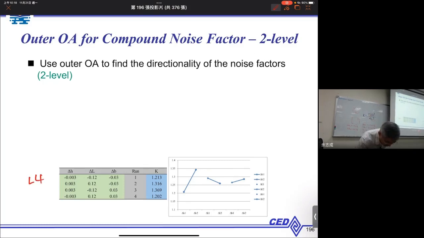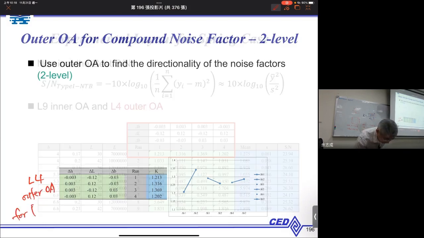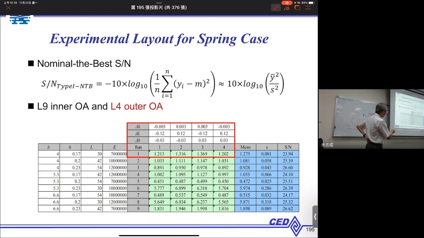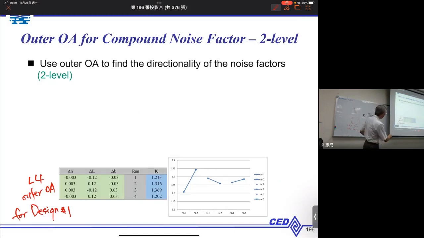This is the L4 outer array, right? For design 1, 4 combinations. And these 4 combinations are arranged by arranging the noise factors in L4. So we just take this out and transpose it back so we can have this orthogonal array.